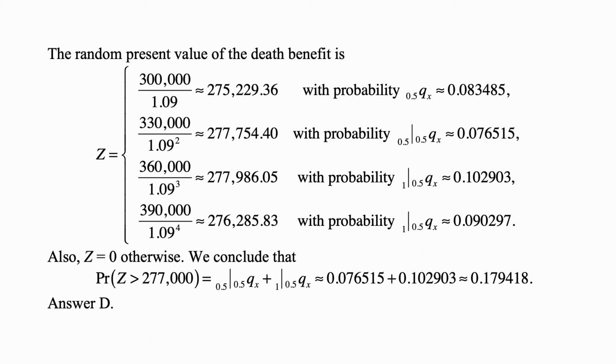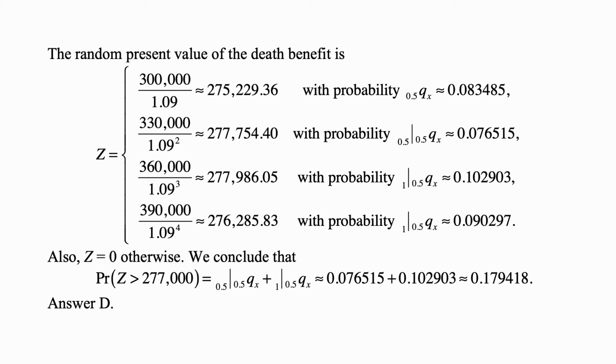And the present value of the death benefit, therefore, written out as a random variable, is equal to 300,000 divided by 1.09 for the death within the first half a year, and that's approximately 275,229.36 with probability 0.5 qx, which was approximately 0.083485. 330,000 divided by 1.09 squared, that's for death in the second half of the first year.